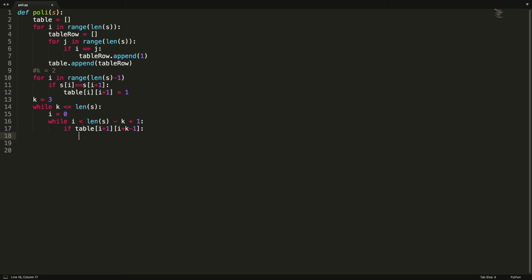And we need another condition, that is string i equals string i plus k minus 1. Oh, I think this is minus 1, so this must be minus 2.